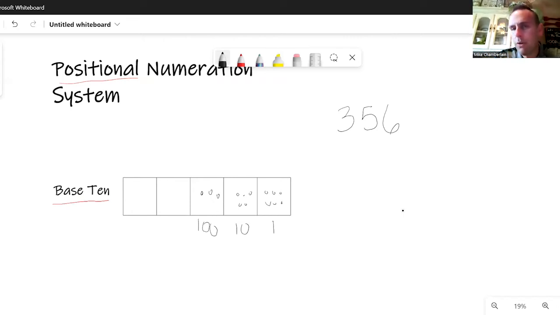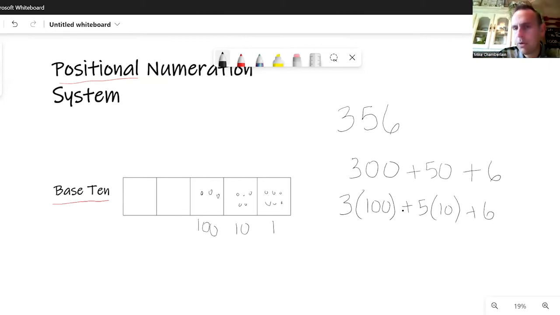And really the value of this number can be thought of as 300 plus 50 plus 6, or 356. Backing out even further, it's really 3 hundreds plus 5 tens plus 6 ones.